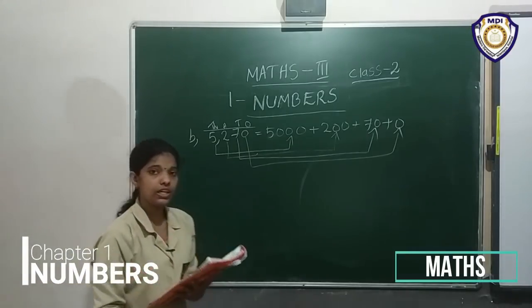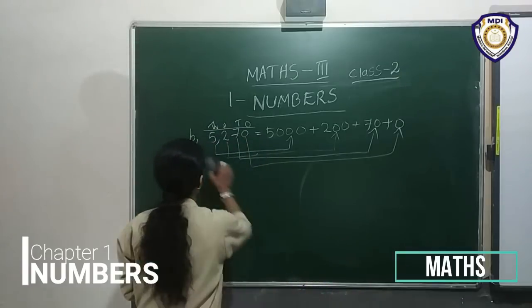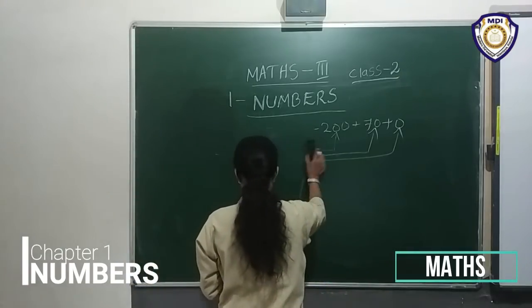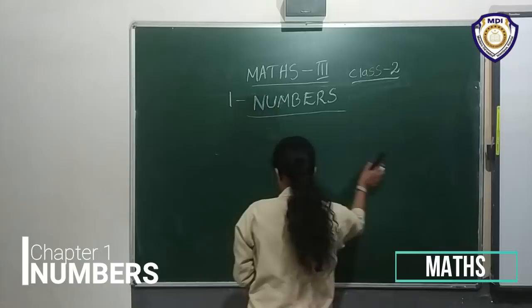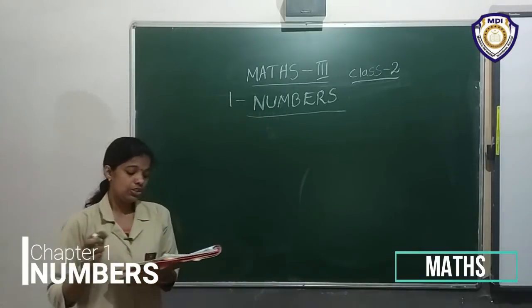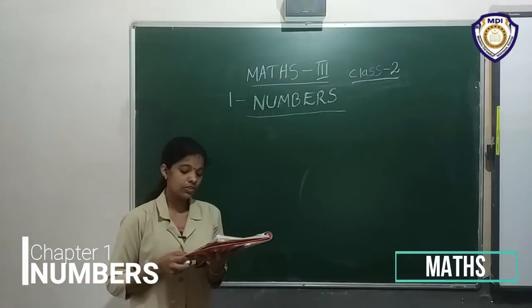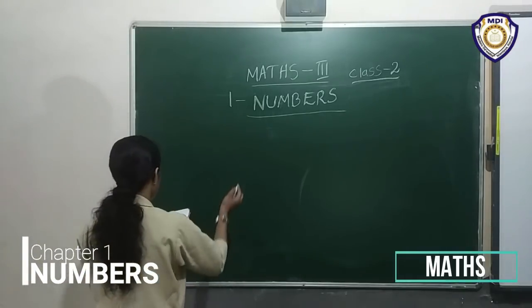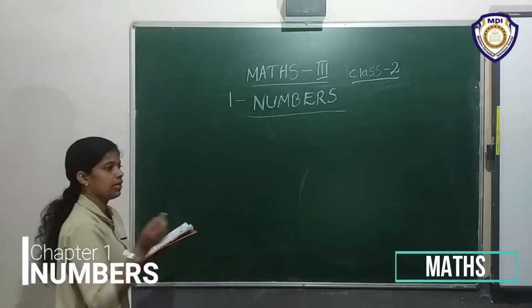Our next topic, short form. How to find out the short form? To write in short form, we add up all the place values of the number.